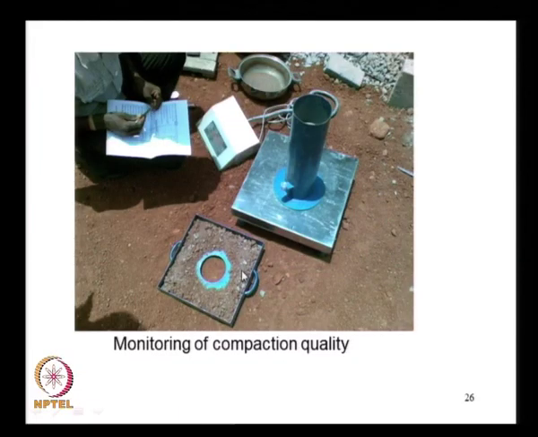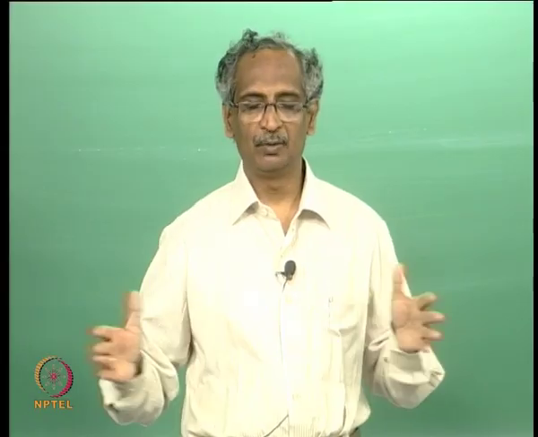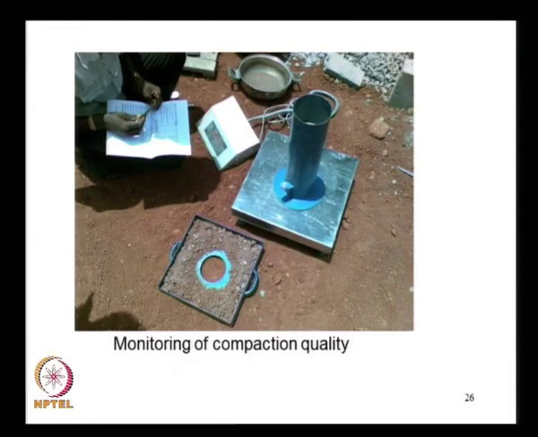And compaction control is a very important aspect in any of these constructions, especially in retaining walls, because if the compaction is not adequate, there will be higher lateral earth pressures. At this particular site, each compacted layer of soil was checked by taking core samples, by sand replacement methods.